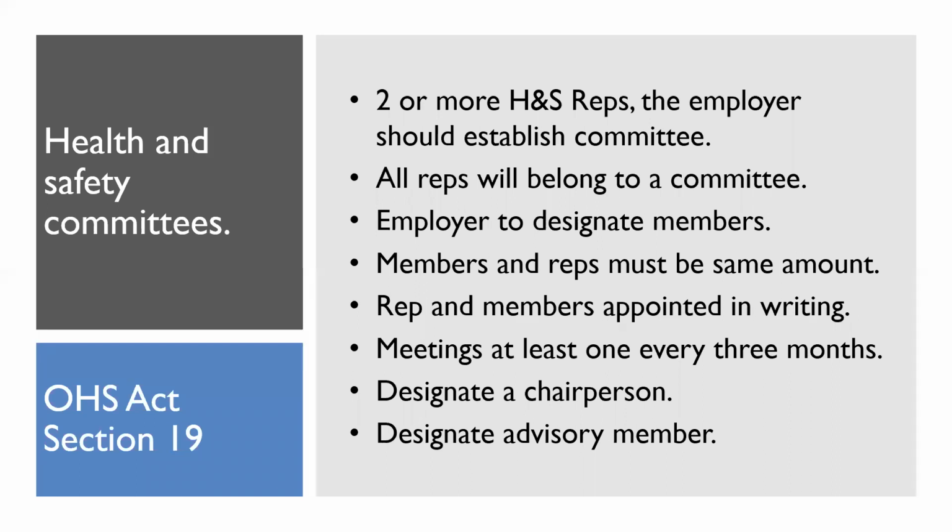And then please, according to the law, health and safety committee meetings must happen once every 3 months at a minimum. Our suggestion from OHSS is to perhaps have it once every month if you can.